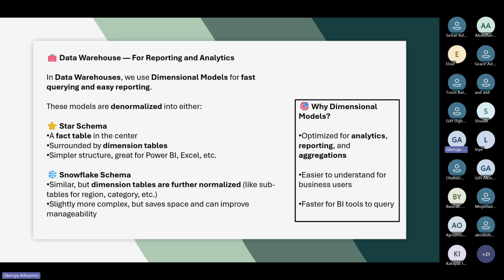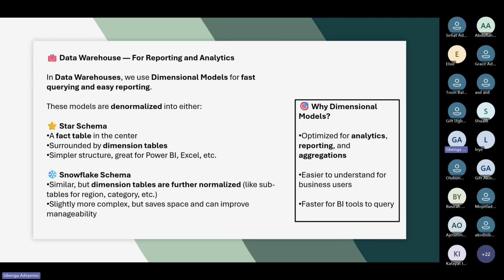The data in your OLAP and the data in your OLTP are the same data. It's just that one is optimized for daily operations, and the other, the OLAP data warehouse, is optimized for reporting and analytics. So it's the same data, but the way it is structured is different.